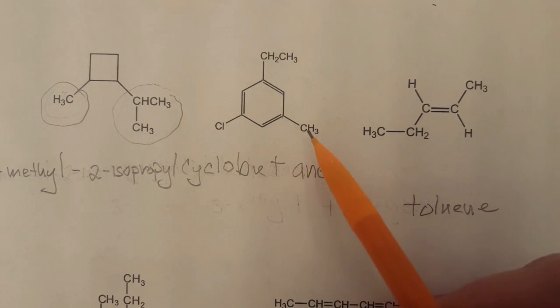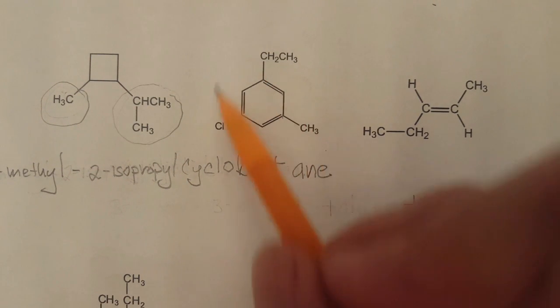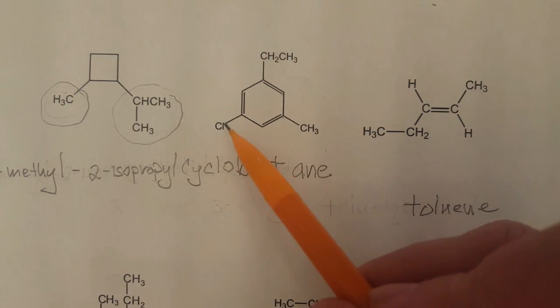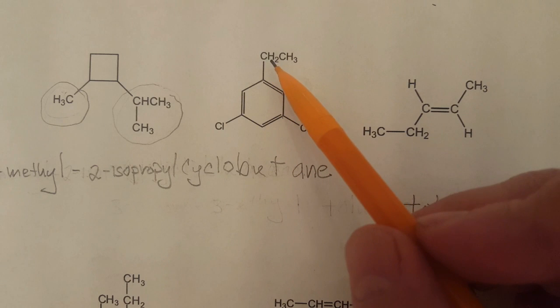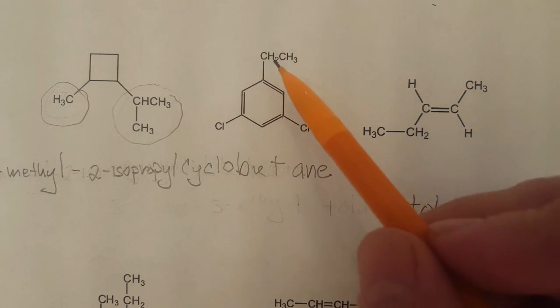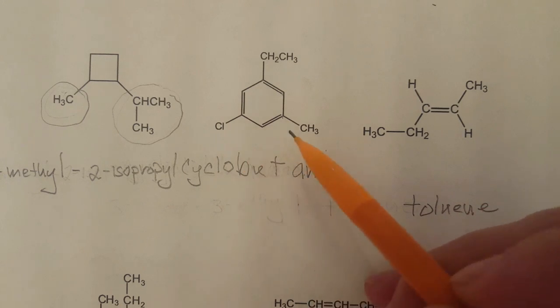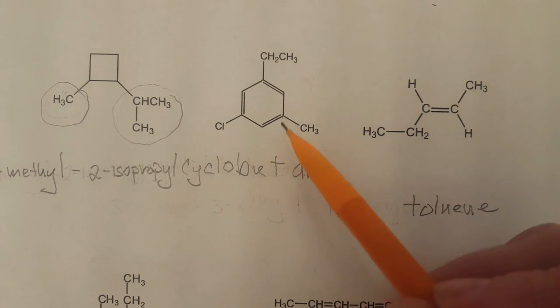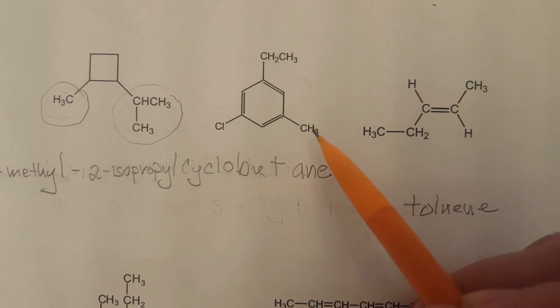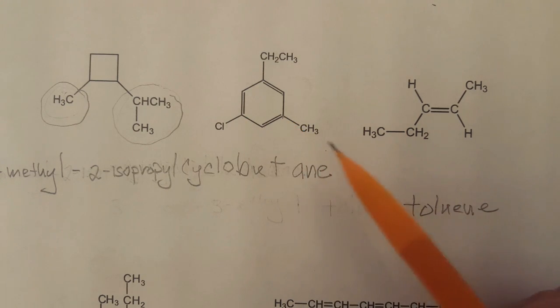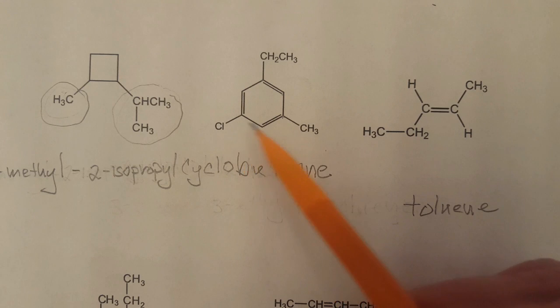Now, besides toluene, there are two substituent groups. One is a chloro and one is an ethyl. C comes before E, so it gets the name chloro. And in the numbering system, this ends up being carbon number 1 because the parent name toluene establishes this carbon as number 1. 1, 2, 3. So this is 3-chloro.